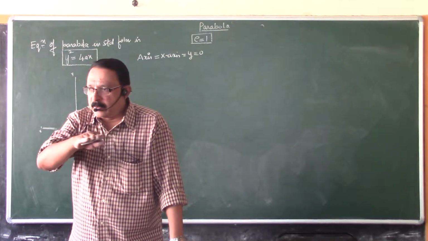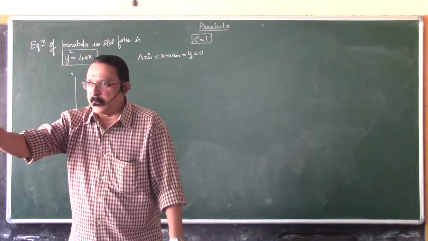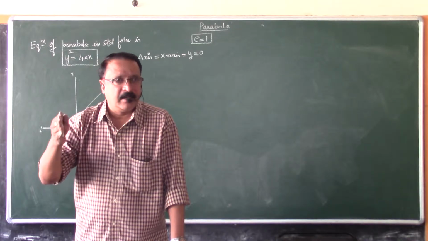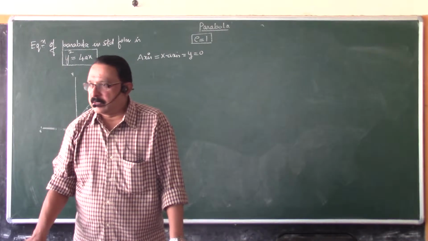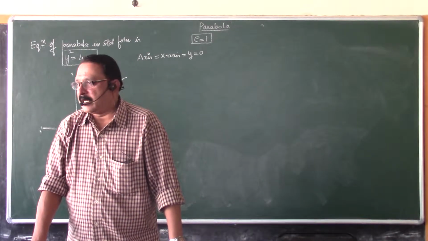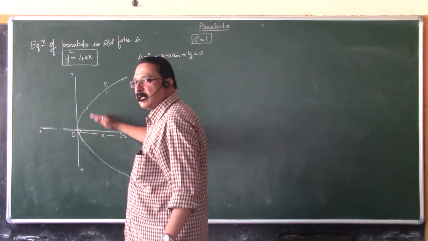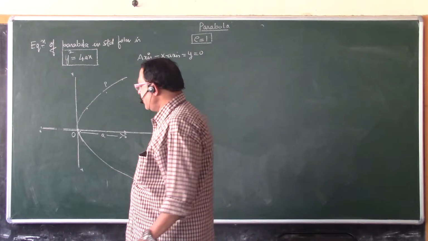Because that is going to divide the parabola into two parts. Any line which divides a body into two equal parts is called a symmetrical line. So the parabola is symmetrical about the x-axis.